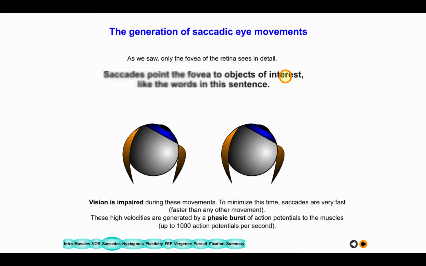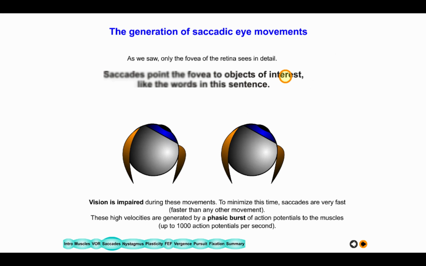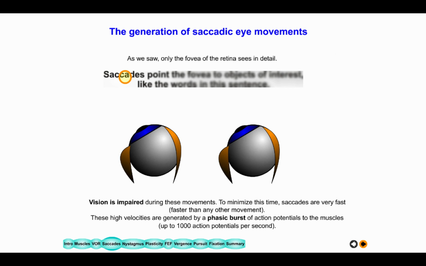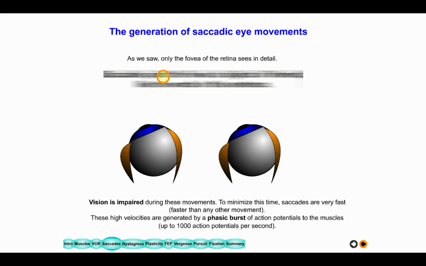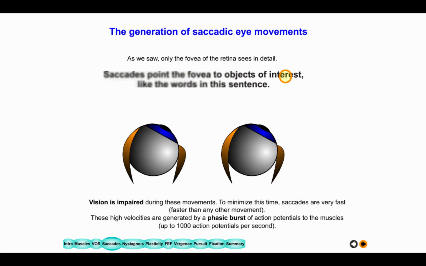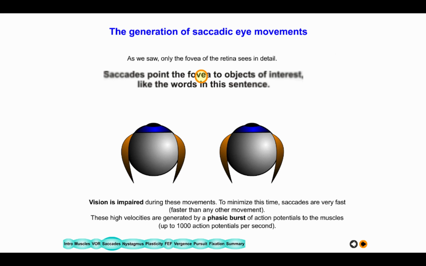Okay, next let's move on to the saccades. Now we saw that only the fovea can see clearly and in detail. So when you look at a sentence, read the words in the sentence, this is what you see. You see the little dot shows you where the fovea is. And around it, everything's clear.